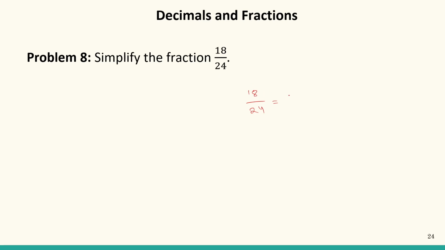let's see the prime factorization of 18, that is 2 into 3 power 2, and for 24 it is 4 into 6, that is 3 into 2 power 3. This is the prime factorization form.